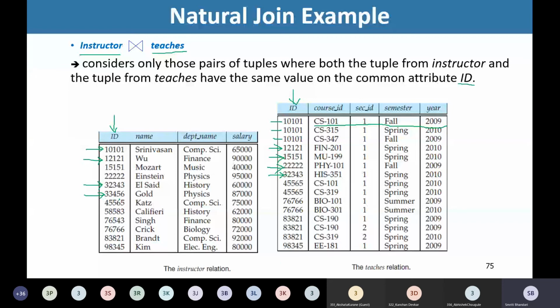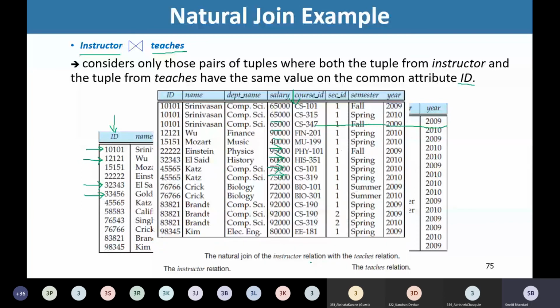So the interpretation is like this. This particular instructor with ID 33456 is not teaching any subject, any course, because the matching record is not available here in teachers relation. Are you getting me? Yes, ma'am.